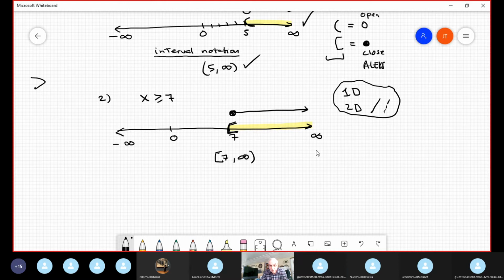Let me summarize the idea. We are working in one dimension, 1D, right? And in 1D, you highlight one portion, one interval inside the whole real number line. And you need to specify what's happening exactly at the endpoint: if it includes or does not include. The equal sign includes, bracket or this full circle.